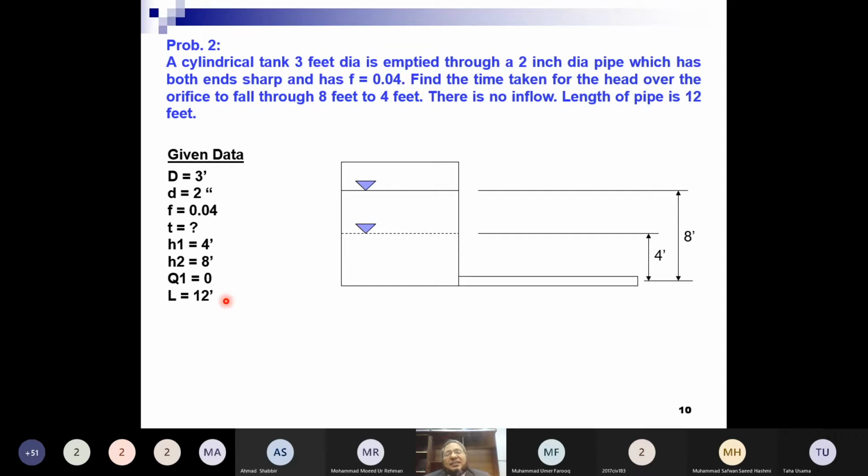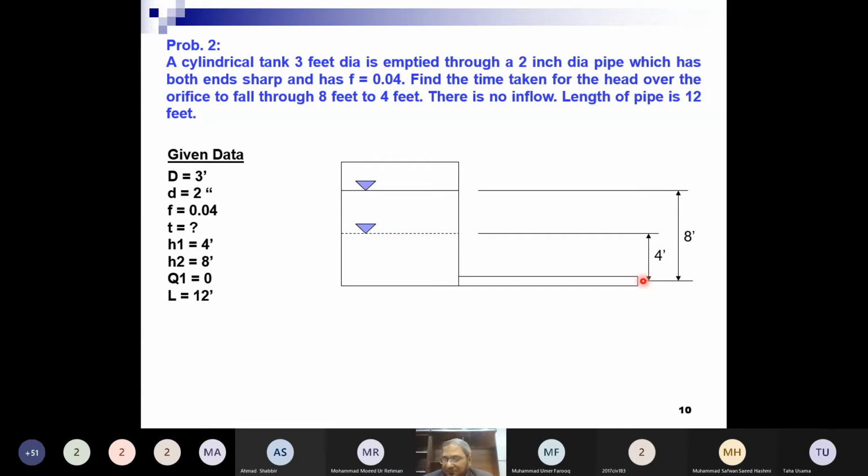But we have to write Q2 in terms of H. And how can we write that? By applying the energy equation between this point and that point.